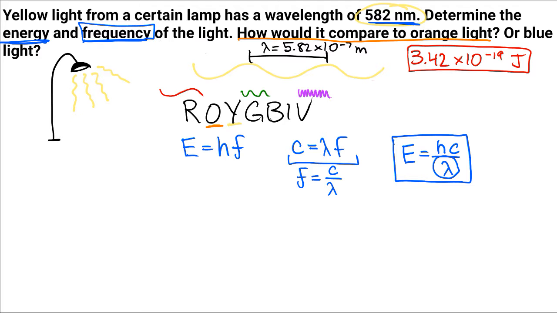So if you think about this, because hc is a constant, I'm just going to call that 1. Actually, I'm going to go back and do this a little bit differently. The energy of orange light would be equal to a constant, which is h times c. They are not going to change regardless of the color or energy of a wave, divided by a high number.